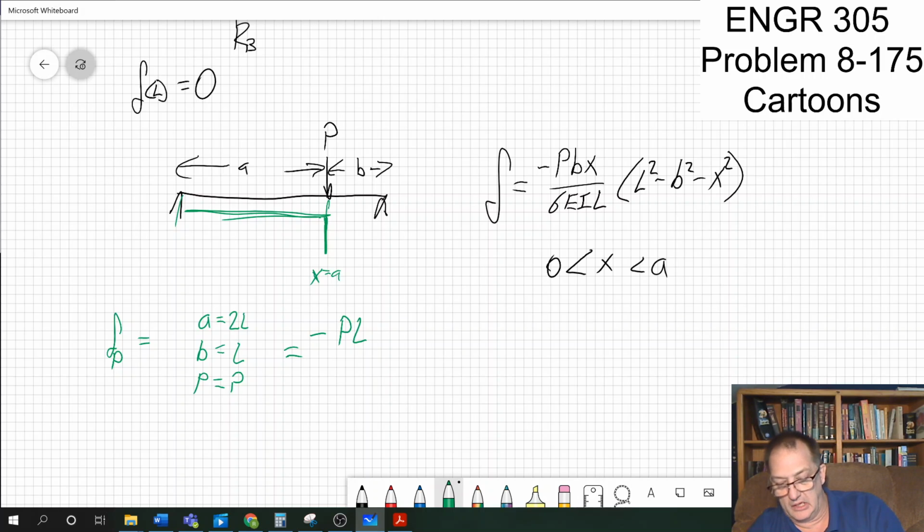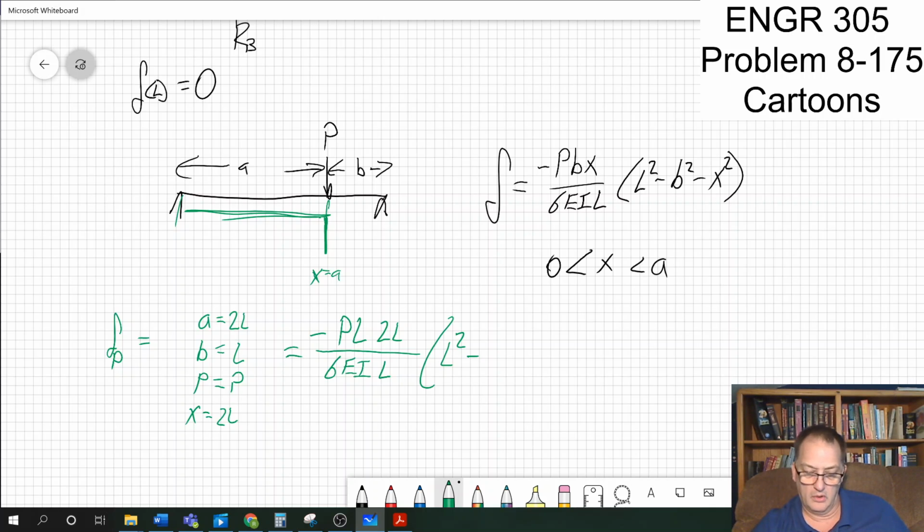B is equal to L, X is equal to 2L, and then I've got a 6EIL times L squared minus, L is not L. L is equal to 3L. So I got to be careful. That means this term and this term are not right. That's got to get substituted out.